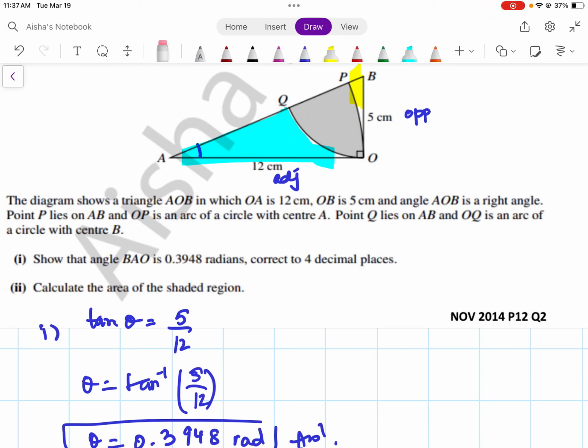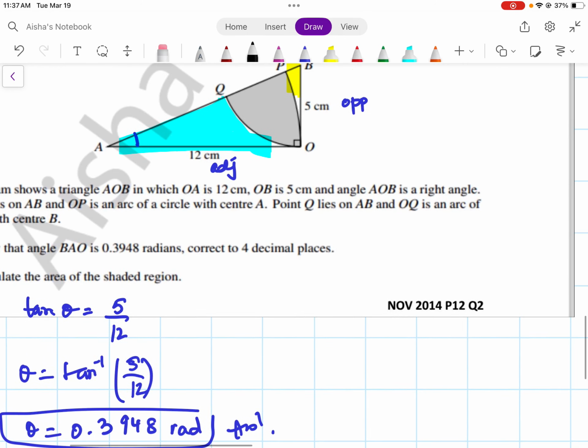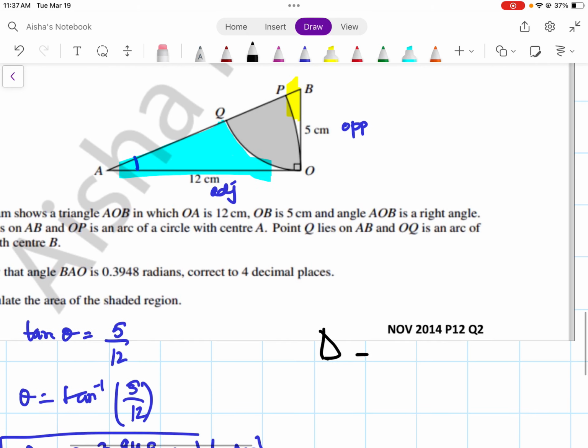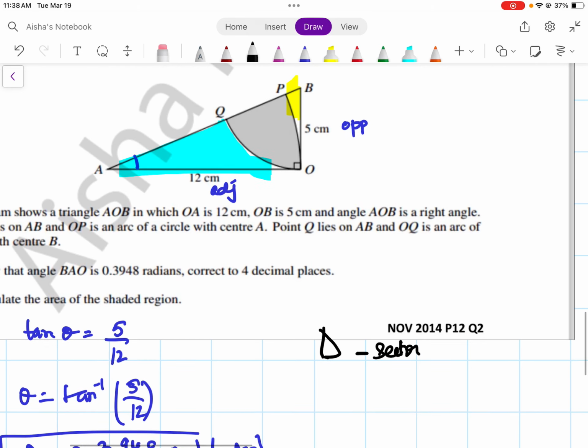So once again, from this entire triangle, if I subtract these highlighted areas, I will get the shaded area. Let's move on and do the working for this one. Triangle minus sector BOQ to get the blue shaded area.